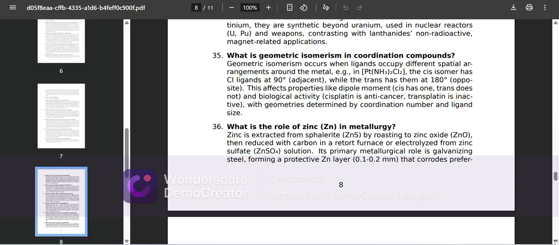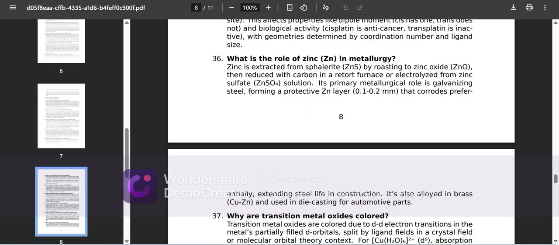This affects properties like dipole moments. Cis has one, trans does not, and biological activity: cisplatin is anti-cancer. Transplatin is inactive, with geometries determined by coordination number and ligand size.